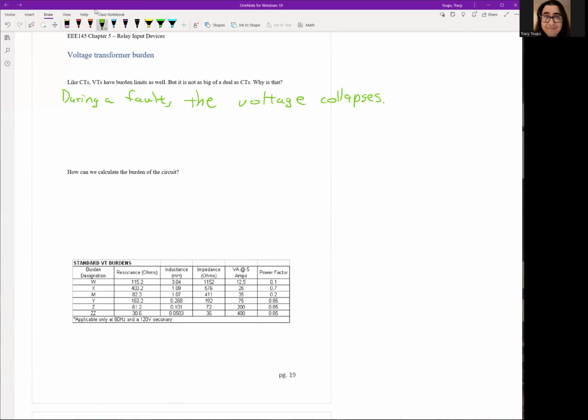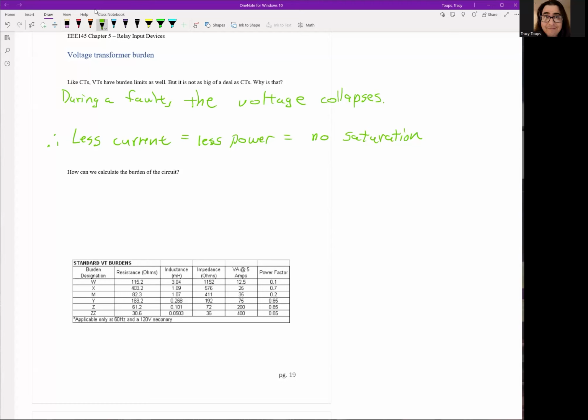So anytime you have a fault, there's less current in the circuit, less current equals less power needed equals no saturation, right? So you'll almost never see a VT go into saturation in the power system. I can't think of a reason why, except if you have some DC voltage, which it shouldn't.